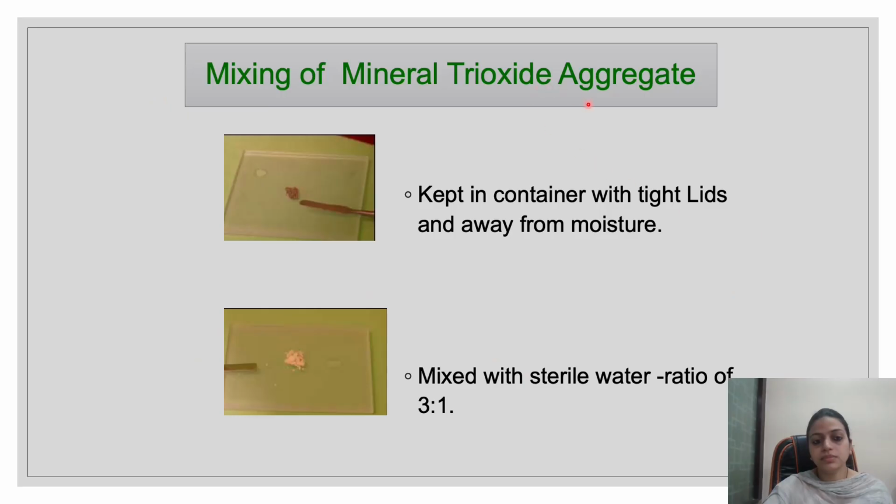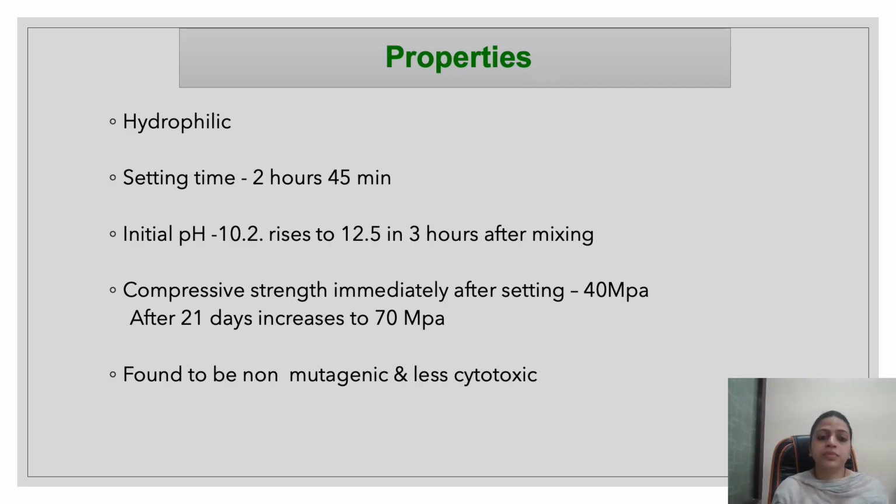MTA is always kept in containers with tight lids and away from moisture. It is usually mixed with sterile water or saline in a ratio of 3:1. The properties are that it is hydrophilic, so it needs a moist environment to set, and setting time is long.